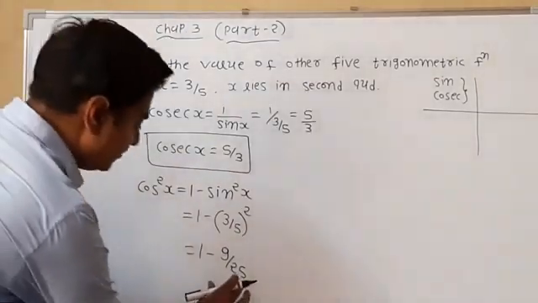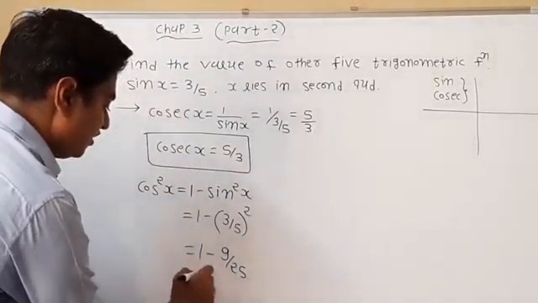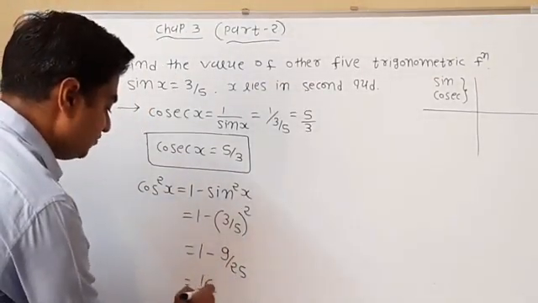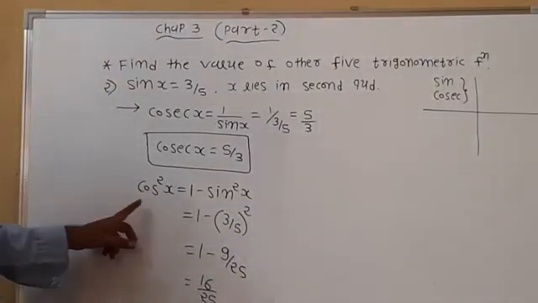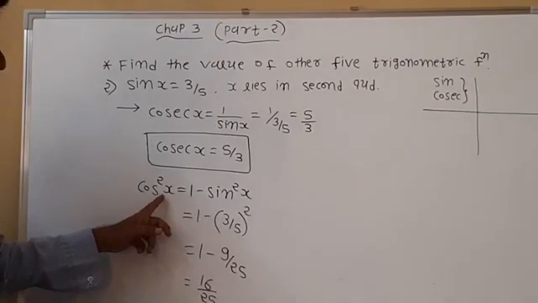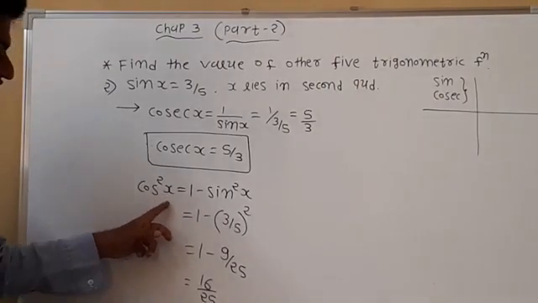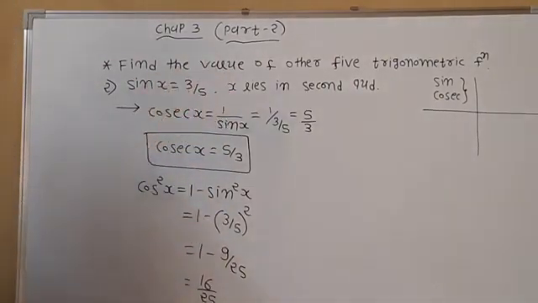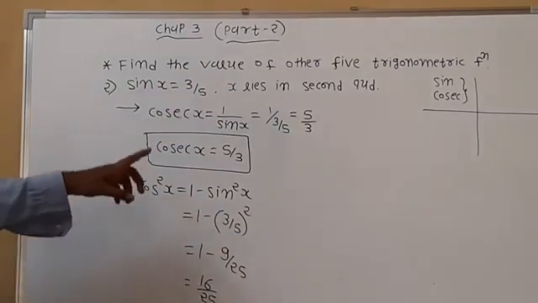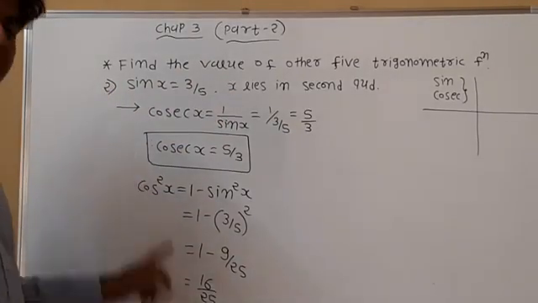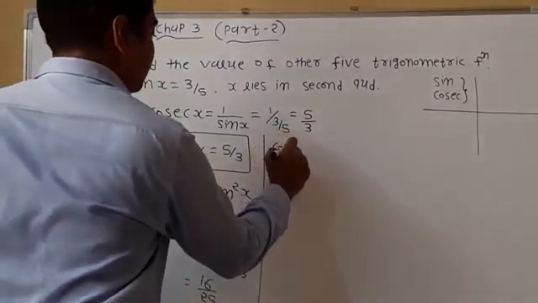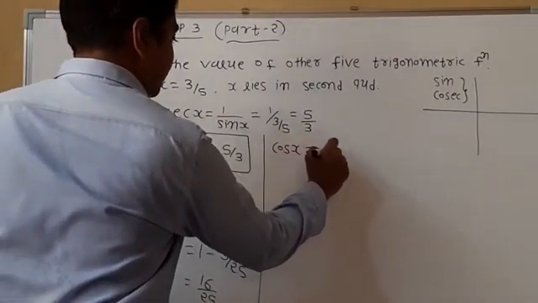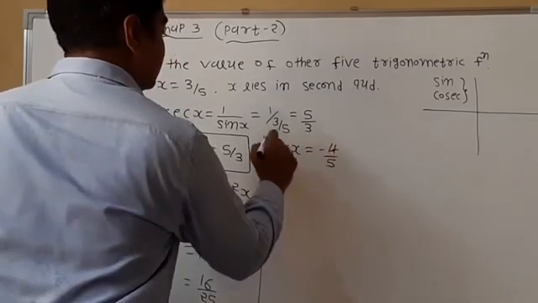Now taking LCM, 25 minus 9, that means 16 by 25. Now check the condition: cos square x is present and the second quadrant is present. In the second quadrant the value of cos is negative. So remove the square root and write only the negative value, that means cos x is equal to minus 4 by 5.